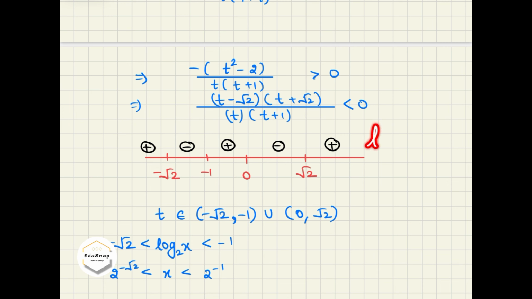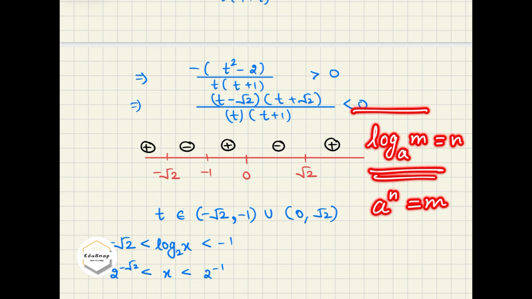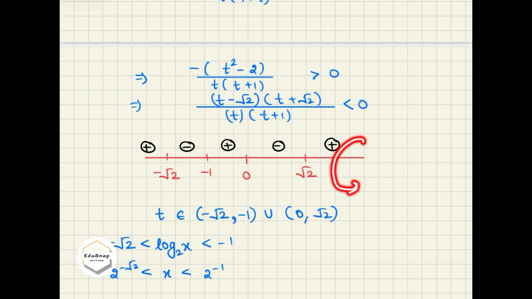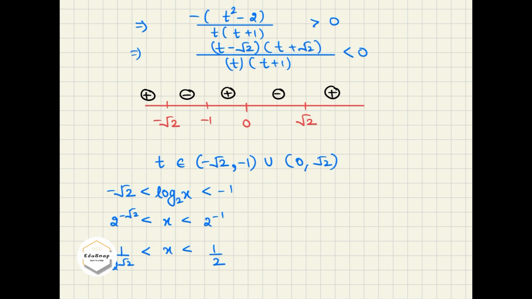Because we know if we have log m to the base a equals n, this is nothing but a raised power n equals m here. This is what we just applied here. We can convert the log into the exponential. Now just a little simplification: 2 raised power minus 1 is going to be 1 by 2, and this is going to be 1 by 2 raised power root 2.